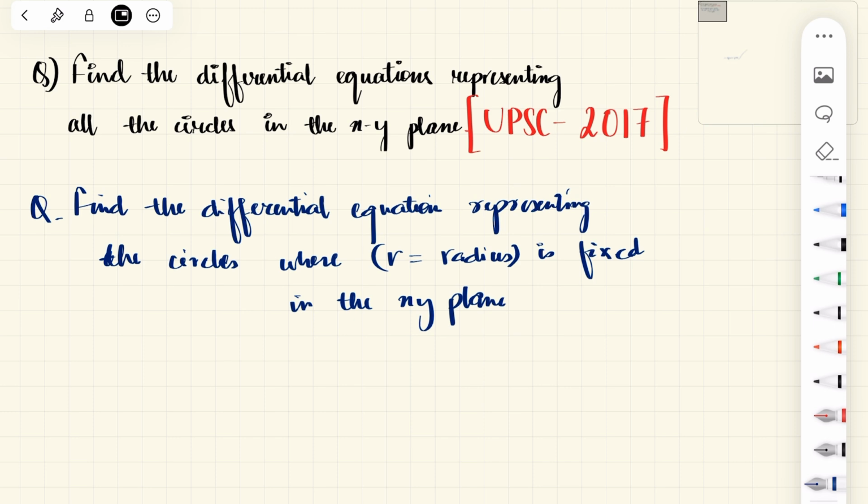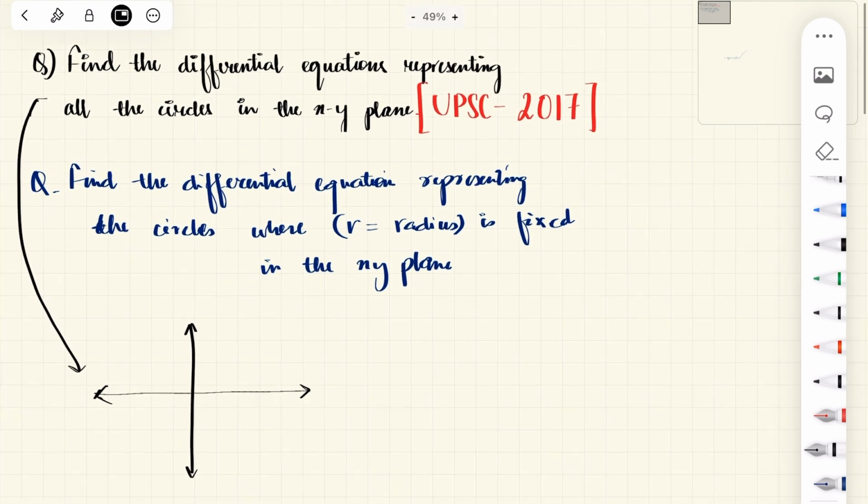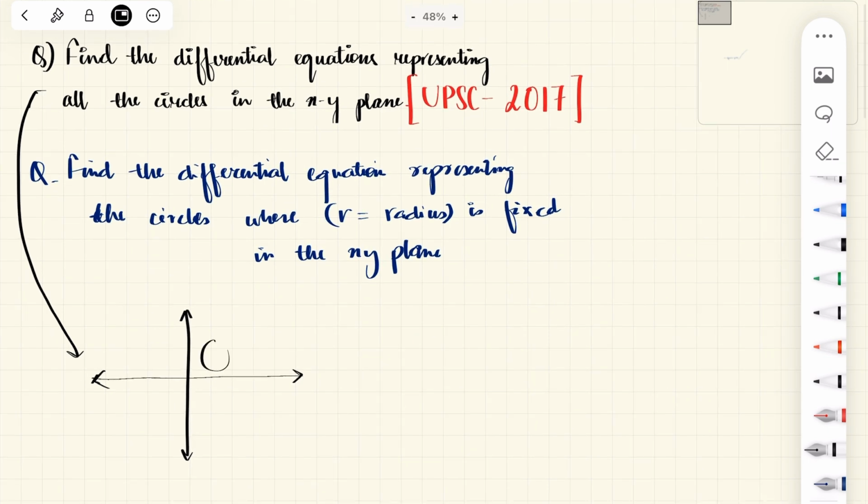Why? Because I'll tell you by giving a diagram here. Let's say I'm talking about the first question. See, a circle can be anything, right? It can be small or big. So it can be a different circle, right?